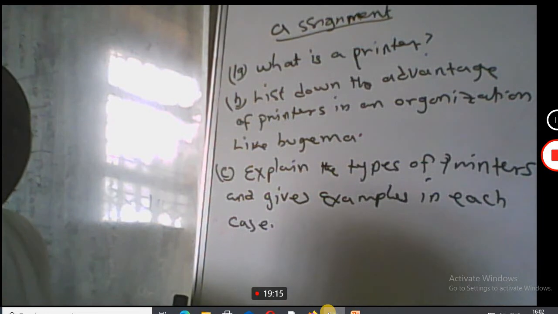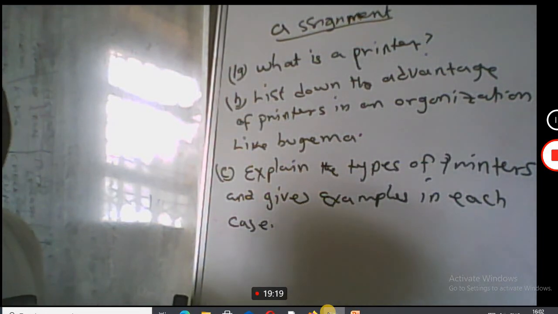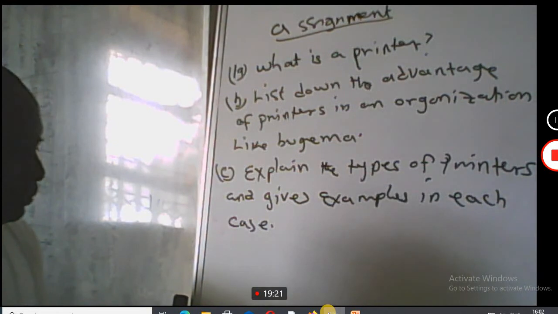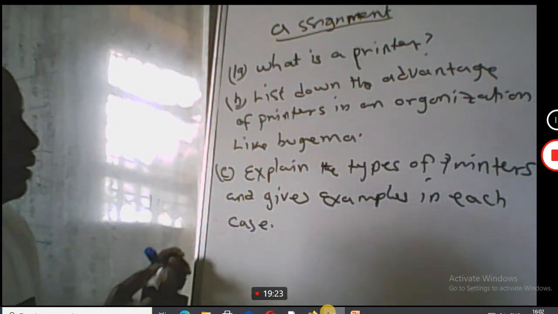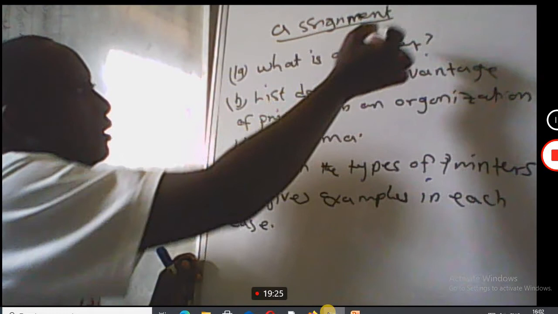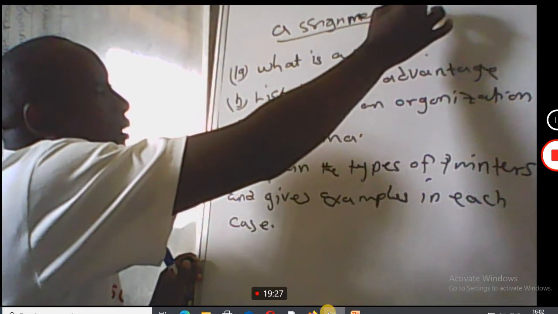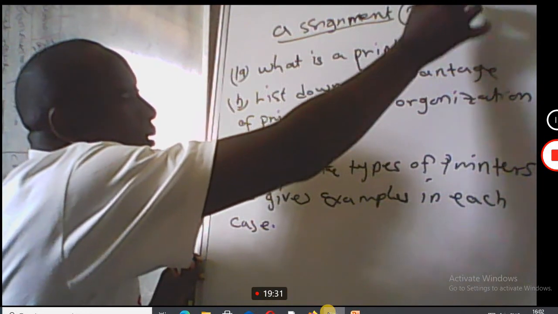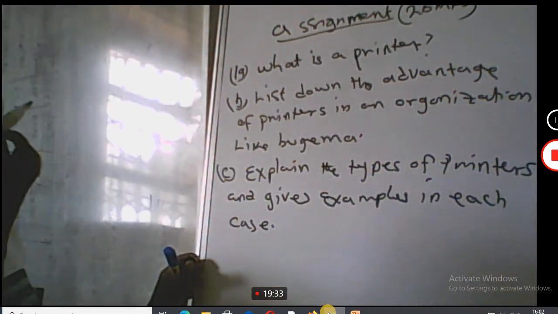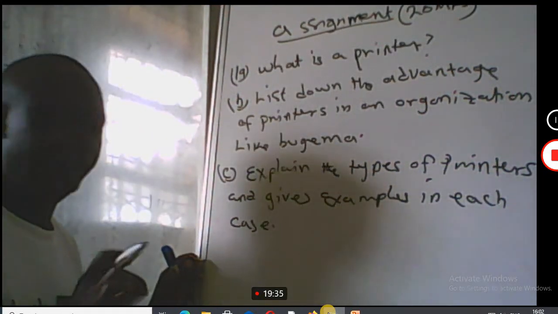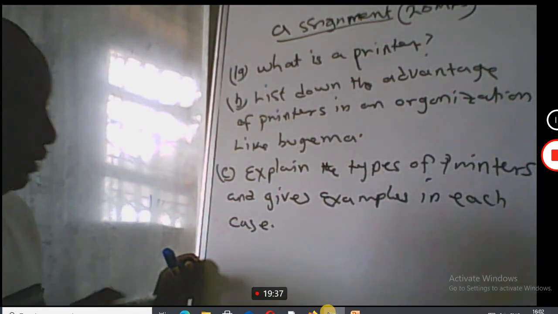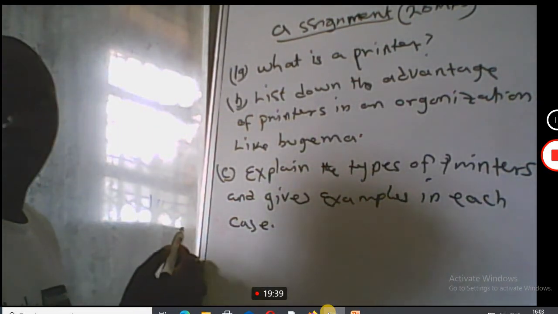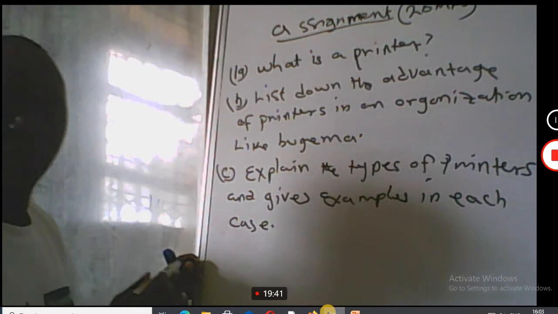All together, in each case. That is it. This assignment will take 20 marks, 20 marks if it is properly explained. If it is not, then obviously the marks will draw down.